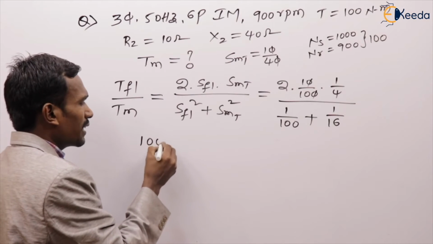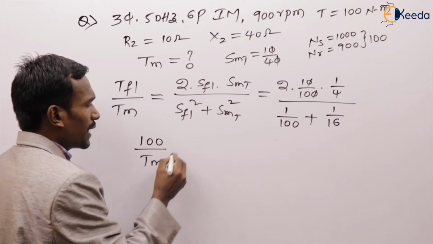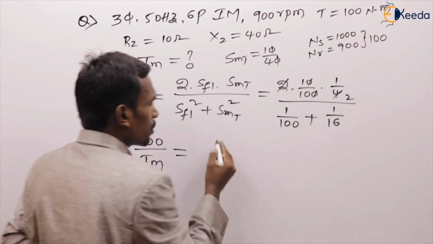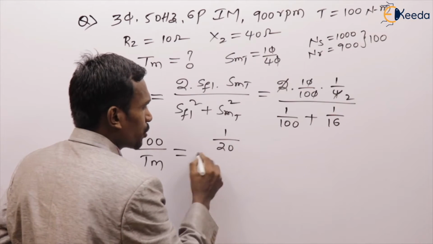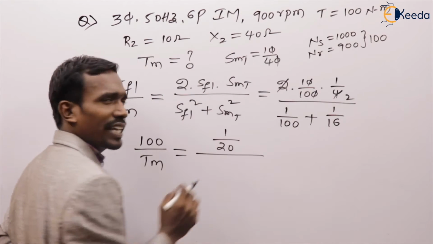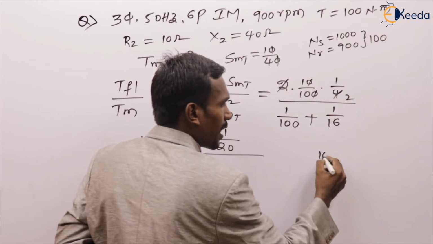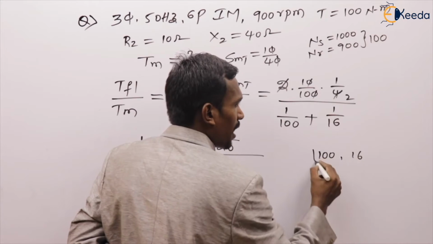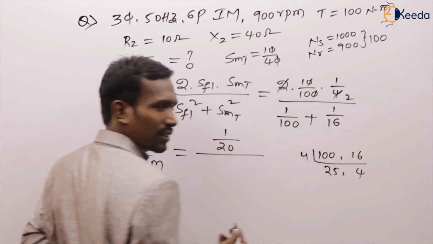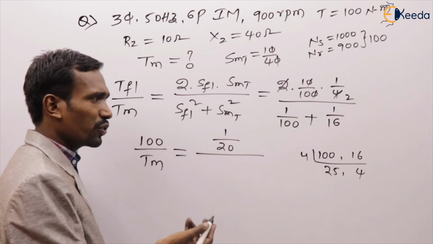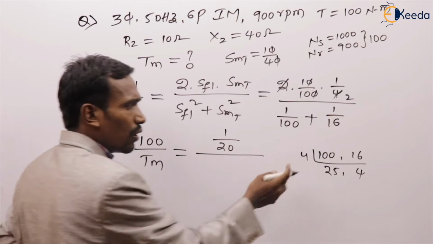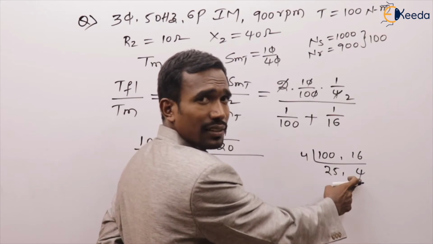Now, full load torque they have already given, and we have to find the maximum torque. The 2s cancel. So the answer is 1 by 20 divided by the LCM of 1 by 100 and 1 by 16. 4 4s are 16.